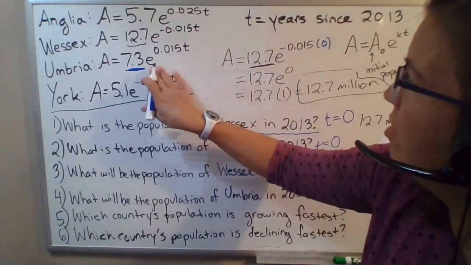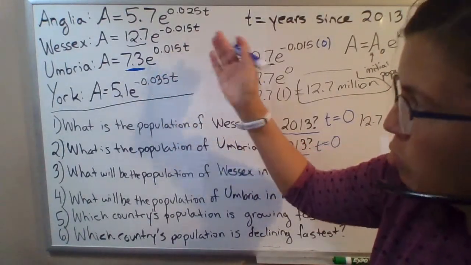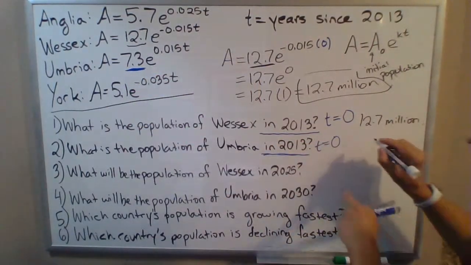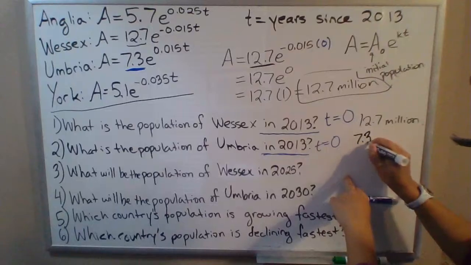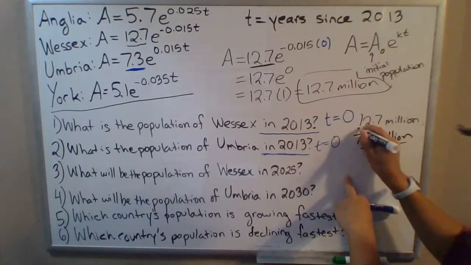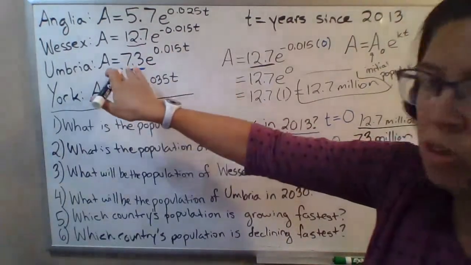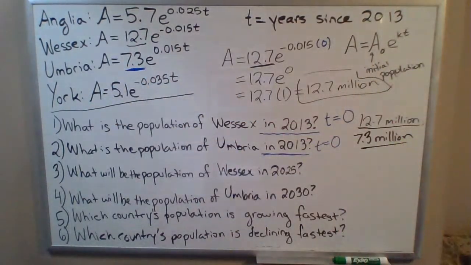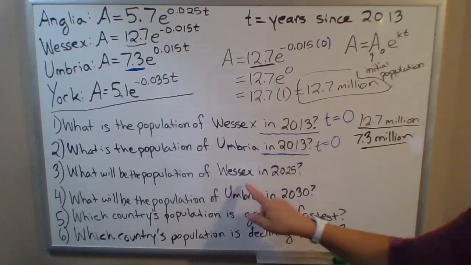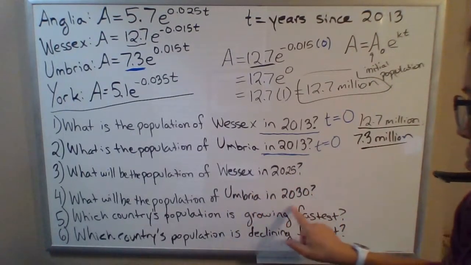If you plug that in, you're going to have e to the 0, which is 1, times 7.3. So the answer to question 2 here is 7.3 million. And the lesson learned there is if you want the initial population, all you have to do is look at the coefficient in front.